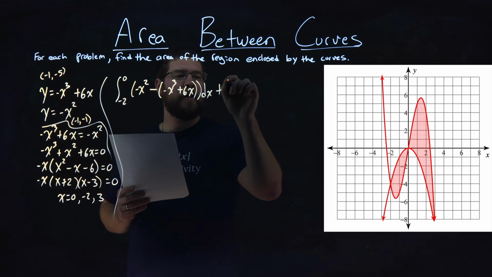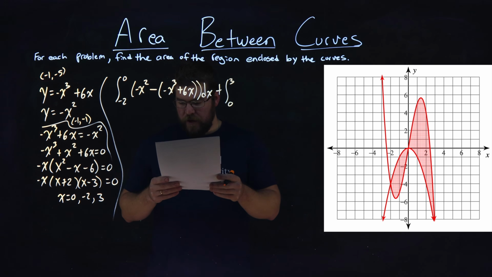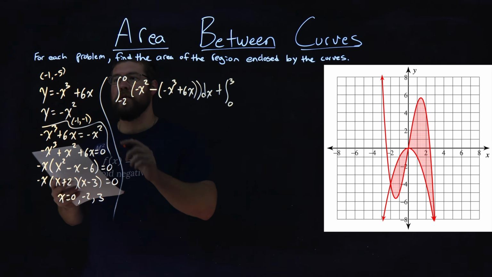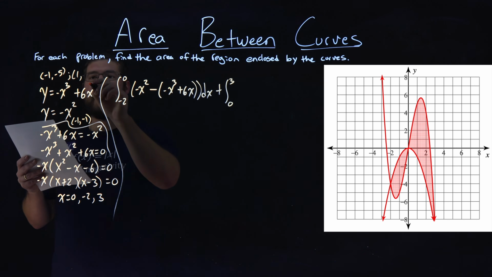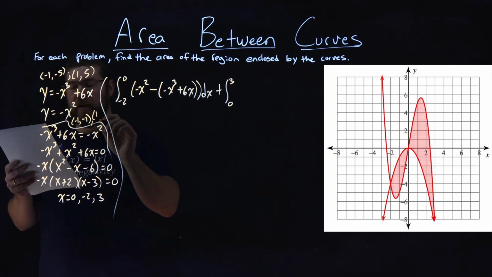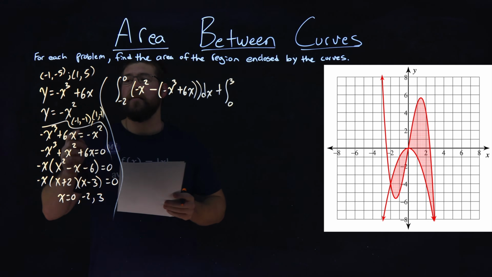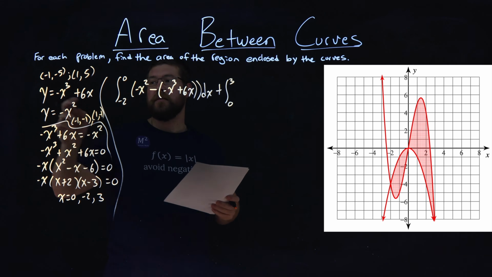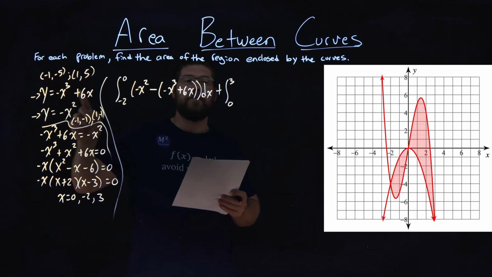We're going to do the same thing on our interval from 0 to 3. I picked another value between 0 and 3, just positive 1, keep it easy. Positive 1 in for x on our first equation, and I got a positive 5 within that interval. The second equation, I plug a positive 1 in, and we get a negative 1. So that means on this interval, the first equation is the one on top.